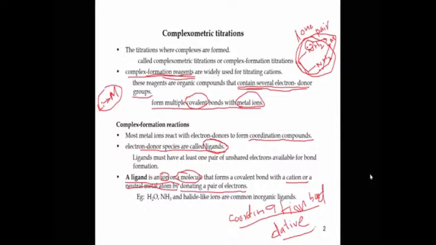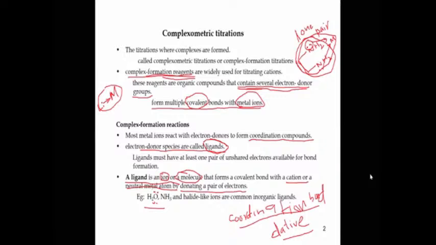Now, an example for a ligand: the water molecule. It has 2 lone pair electrons on oxygen, right? So you can expect the water molecule to make a bond with a metal ion by donating its lone pair electrons.